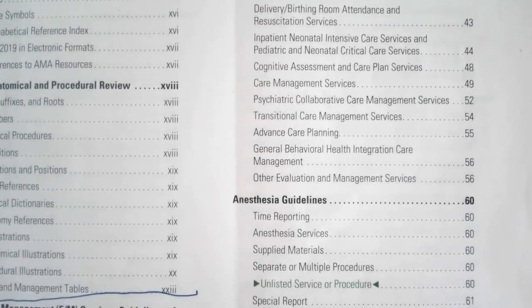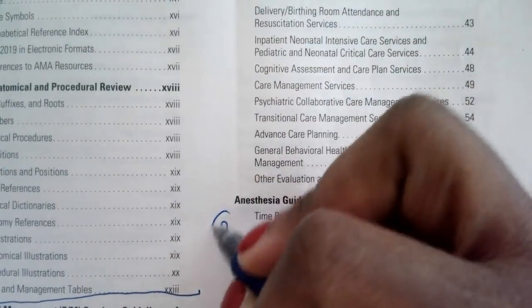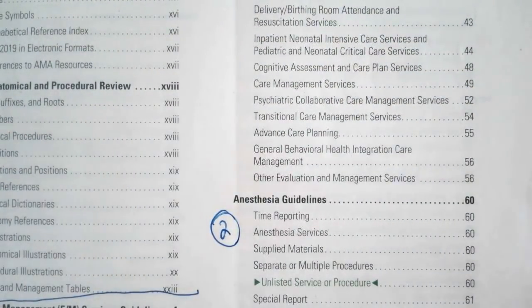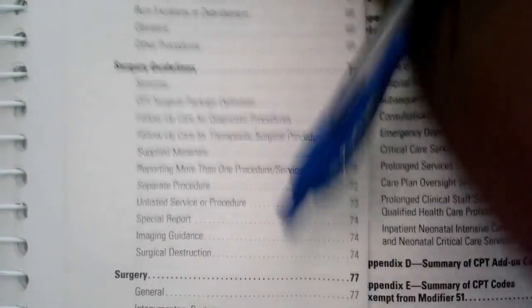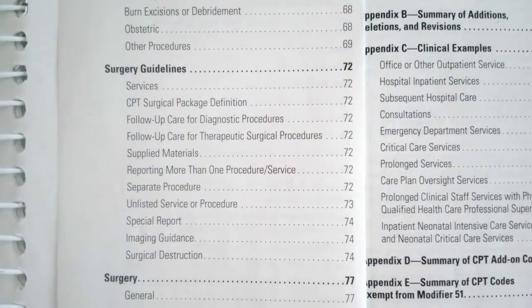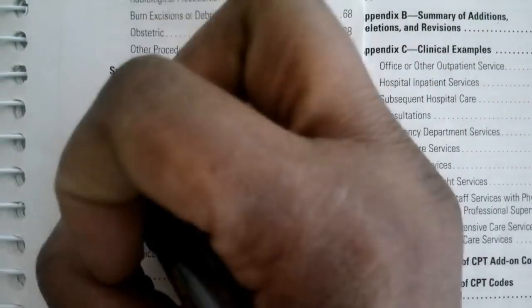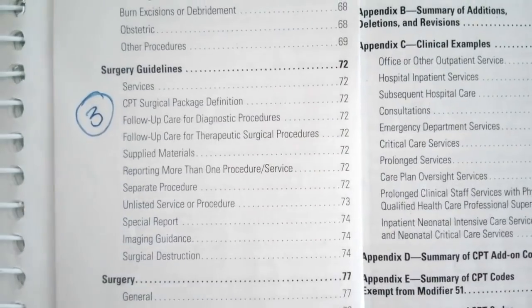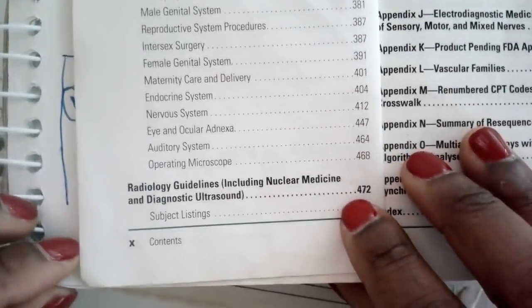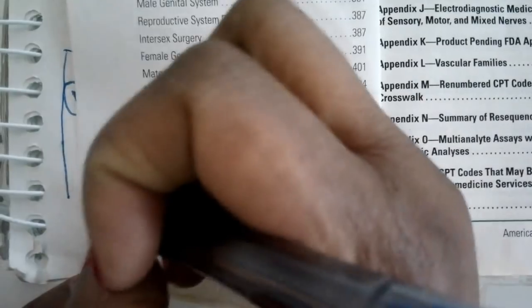Then you have anesthesia. So this is your second section of your CPT manual. From there, guys, you have your third section and your largest section, which is your surgery codes. From there, you have radiology.